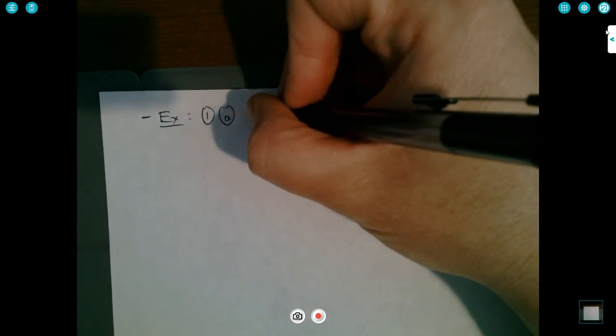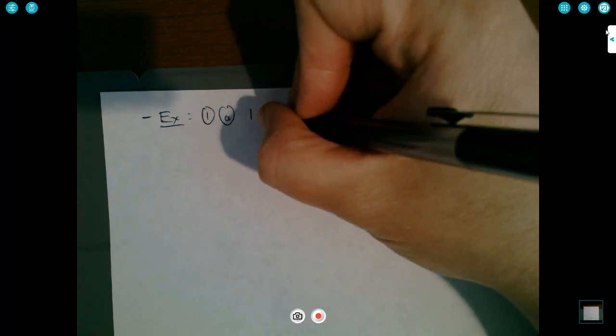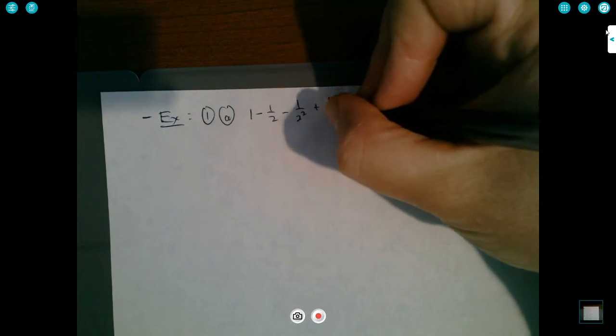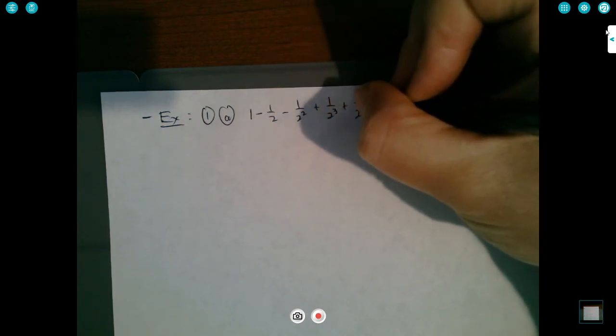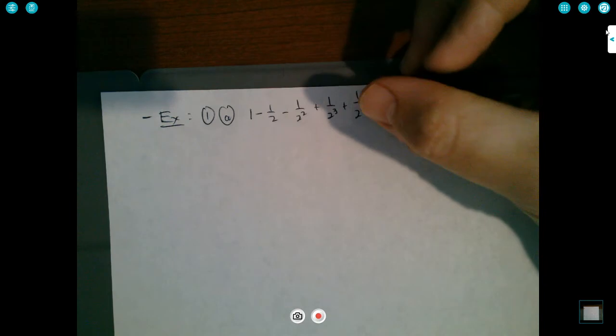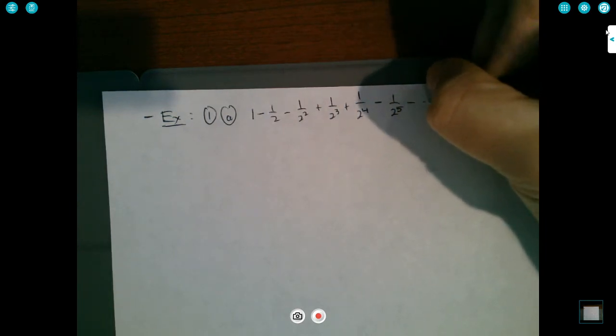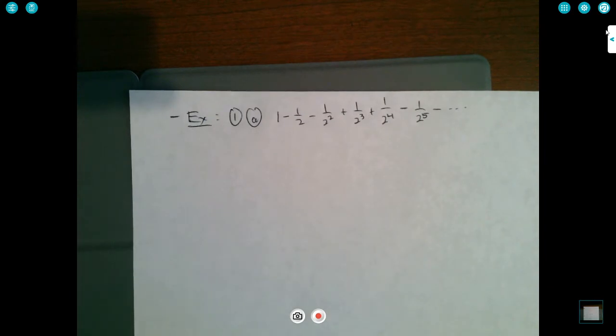It's actually 1 minus 1/2 minus 1 over 2 squared, and then plus 1 over 2 cubed, plus 1 over 2 to the fourth. So it's not quite alternating on every other term, but we can still apply the previous theorem.